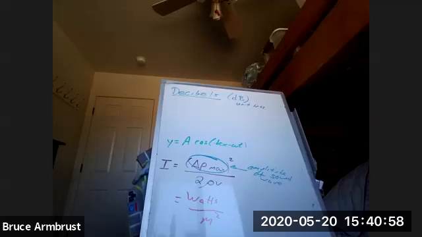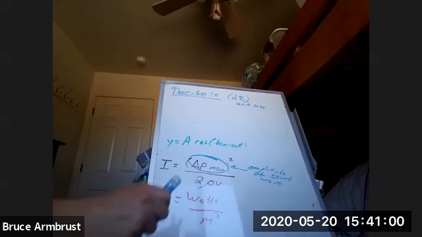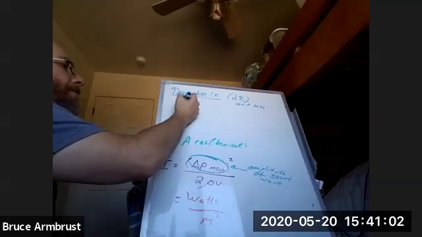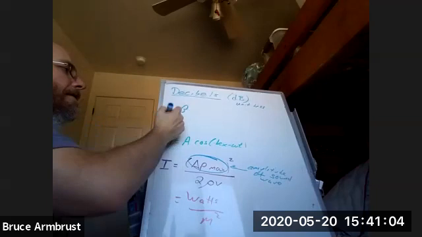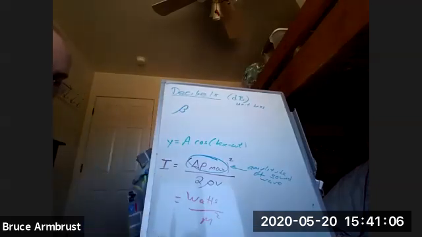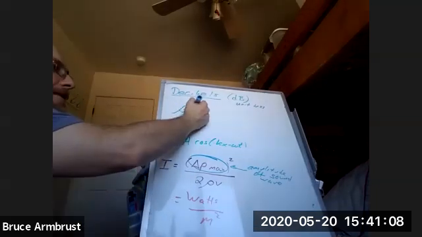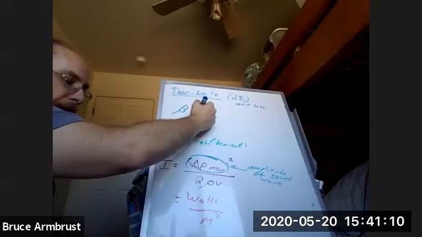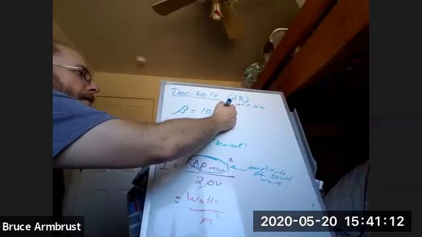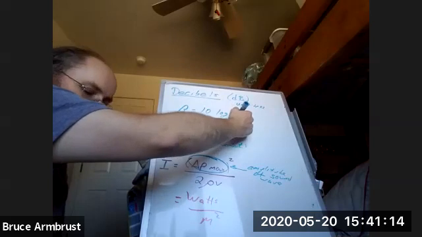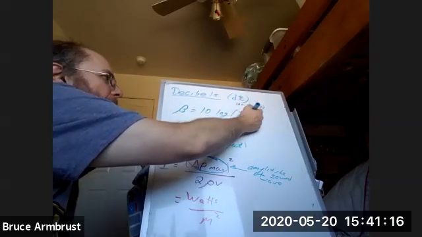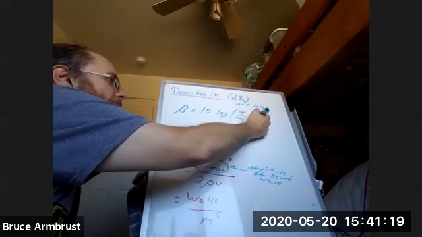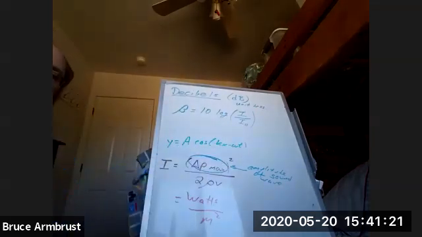Okay, so this is how we actually calculate decibels. We use beta to show this is how we calculate the decibels. It's actually going to be 10 times the log of our intensity I divided by I naught.